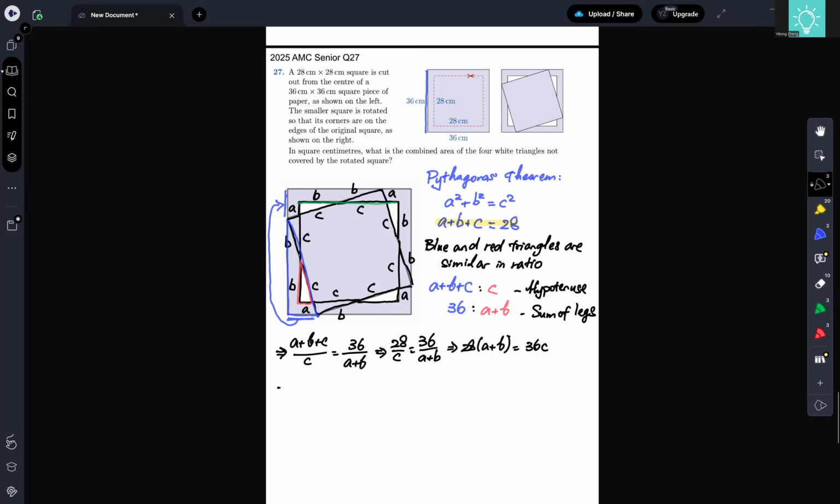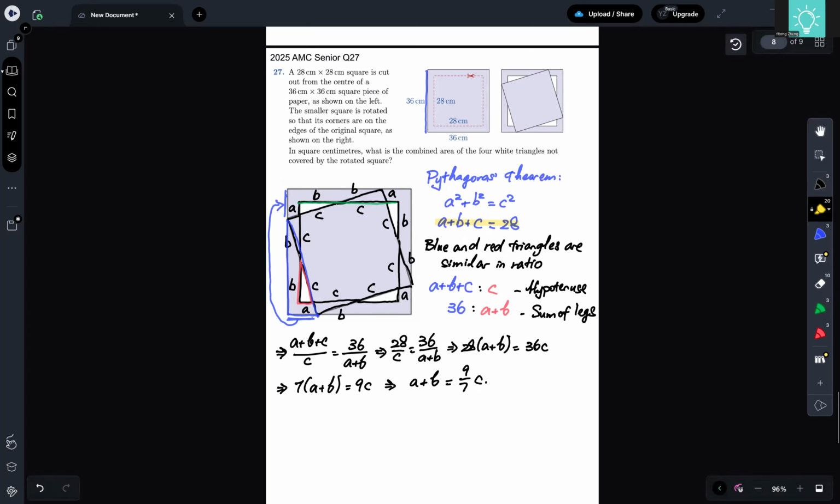Dividing both sides by 4, that gives 7 times A plus B equals 36C divided by 4, that's 9C. So A plus B, I divide by 7 again, we get 9 on 7C. Okay. A plus B is equal to 9 on 7C.